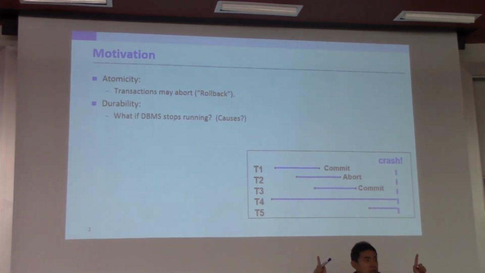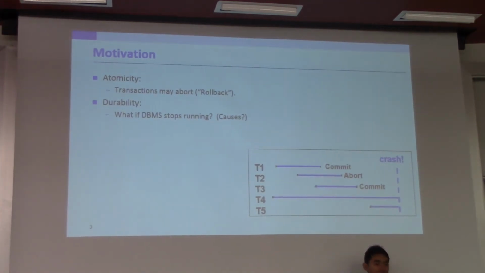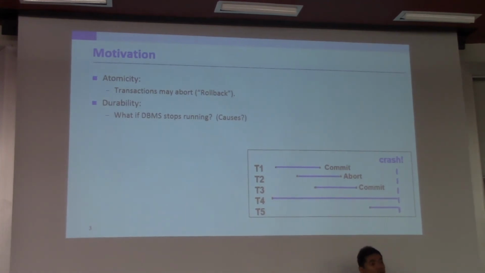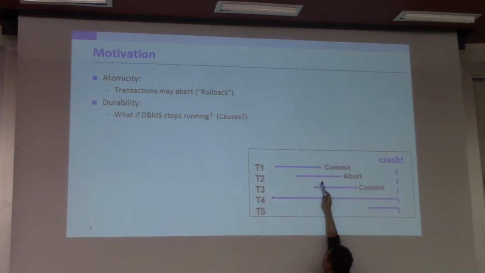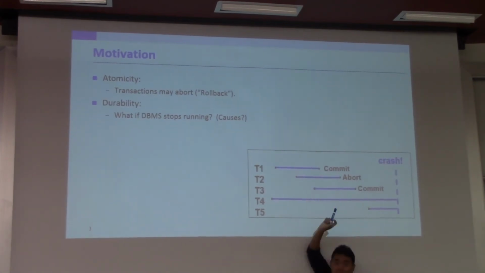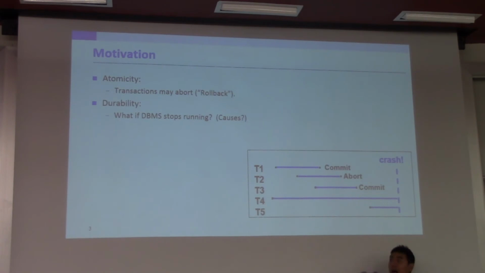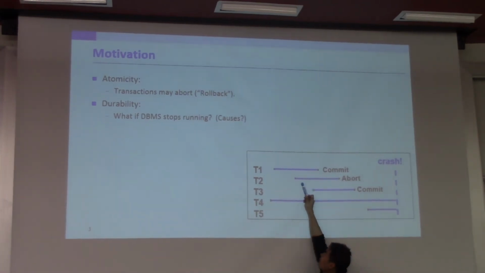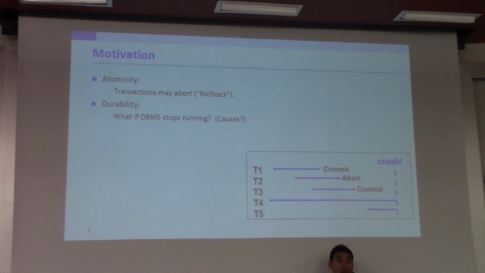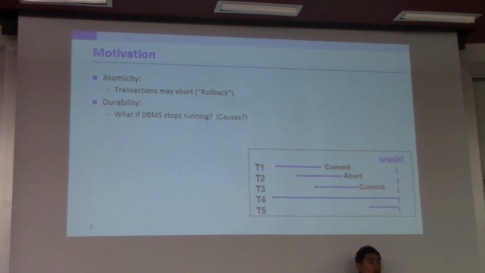During this time period, if you're lucky, maybe I have finished undoing all the effects of T2, but I may not have finished that yet. Maybe in the middle, I have undone this part, but this part I haven't undone yet, and the system crashed. When the system comes back on, I need to pick up from here and continue to undo the effect of T2. Make sense?